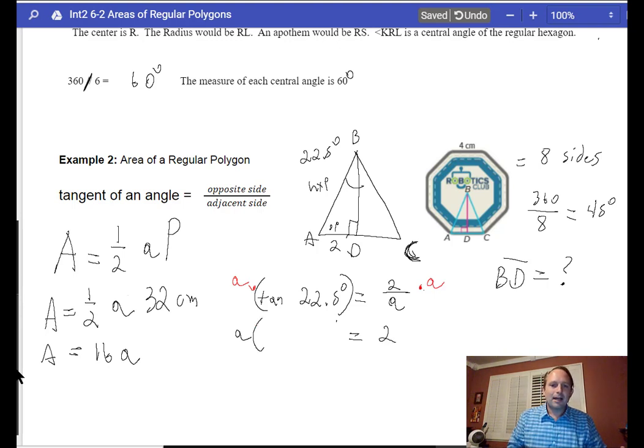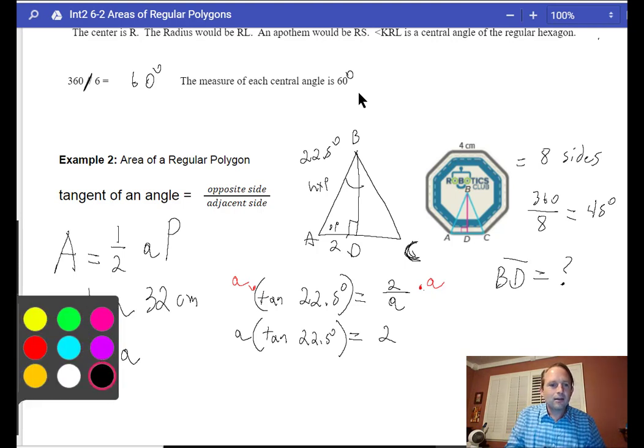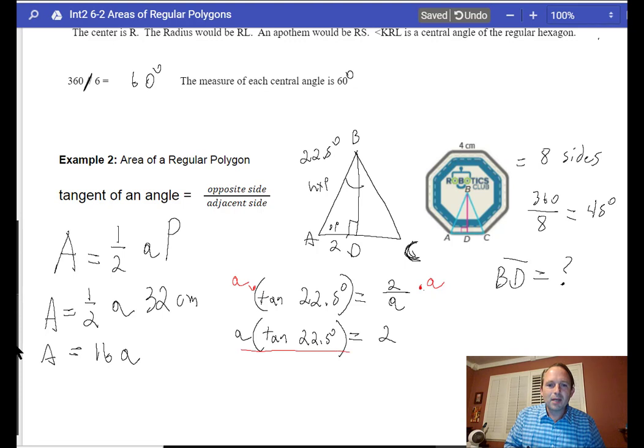So at this moment, I'm going to figure out what the tangent of 22.5 degrees is. But wait, there's more. Actually, we don't need to do that. We're just going to isolate for A. So we divide by the tangent of 22.5 degrees on both sides.